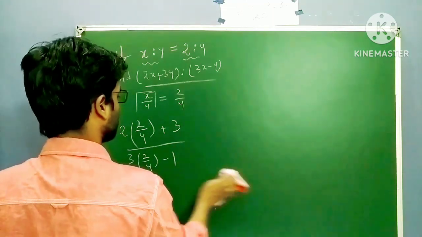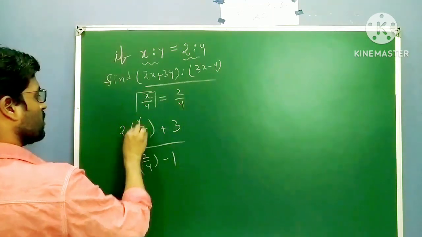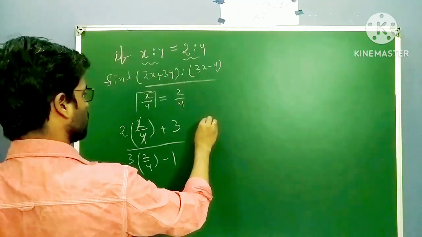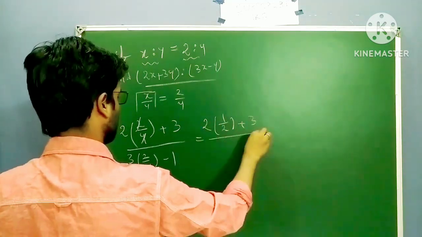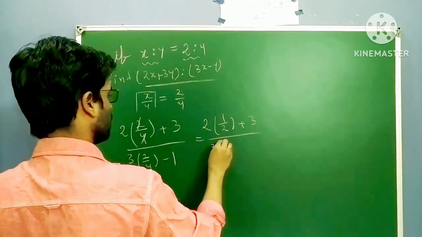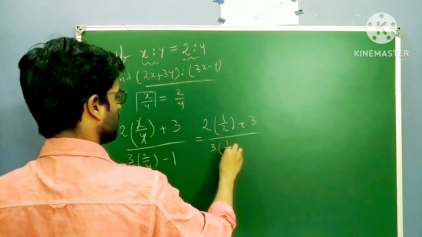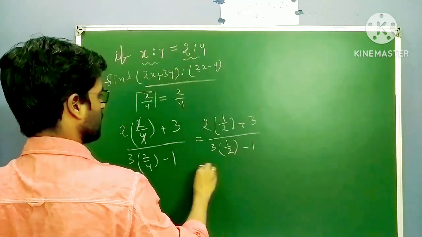So 2 into 1/2 plus 3 by 3 into 2/4, which means 1/2, minus 1, right?